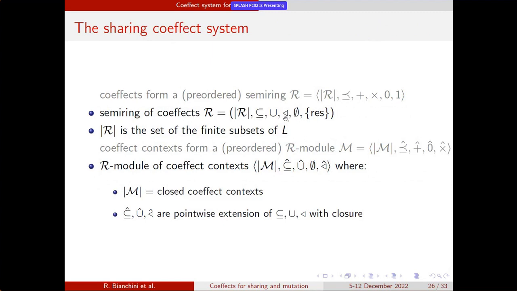We have our own operation for the multiplication of sets. And then the empty set is the neutral element for the union, or the sum, as you prefer. And the singleton set with just res is the neutral element for our multiplication. And then our contexts, our gammas, are the pointwise extensions of our operations, but with our closure.